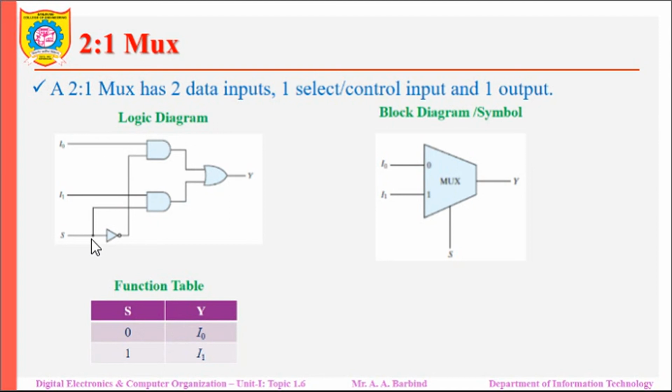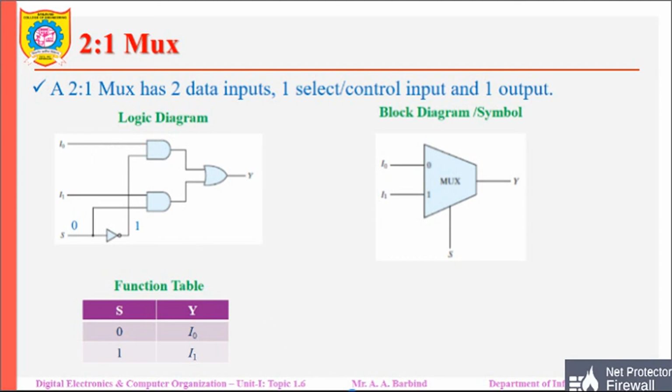Now let us see with this particular logic diagram how these logic gates make this circuit work as a 2:1 multiplexer. Let us say S is equal to 0. Then what will happen? The output of this inverter will be 1. Because the output of this inverter is 1, we know the AND rule, so the output of the upper AND gate will be I0.